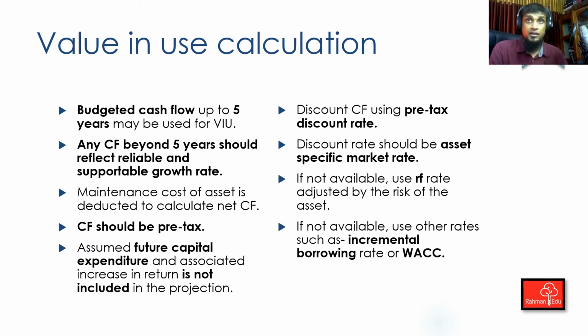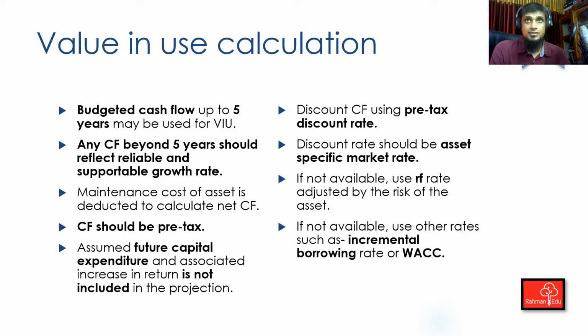So 5 years, that's a reasonable period. Maybe your estimation over the next 5 years will be somewhat reasonable. Beyond that, reasonability of your estimation is highly questioned. So if your asset has a useful life of 20 years, you are taking budgeted cash flow for 5 years. What about the next 15 years?